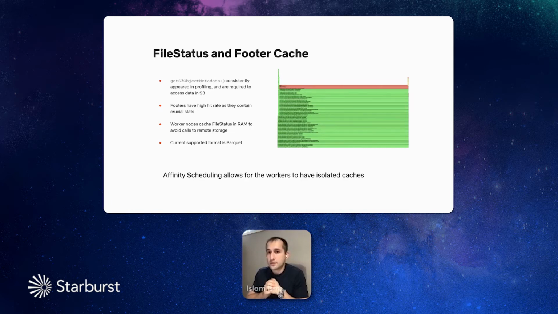With the footer cache, it's a similar story. Before you read a Parquet file, you need to access the footer and parse it, and figure out the stats to understand which chunks of the file you actually need to read, which chunks can be pruned, or maybe you don't have to read the whole file at all, right?